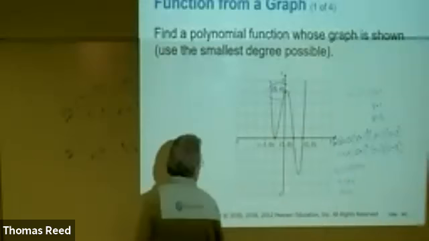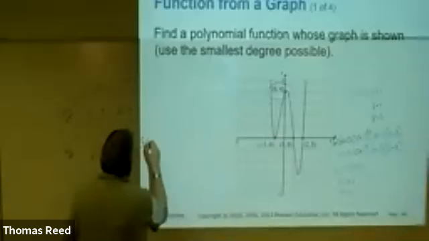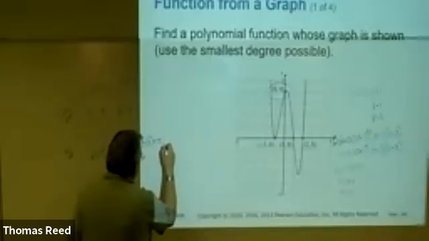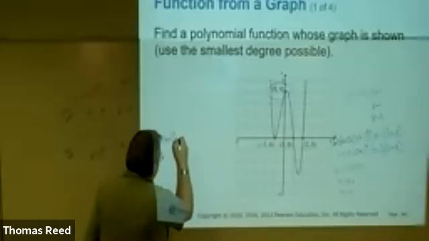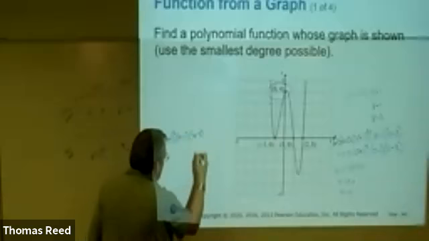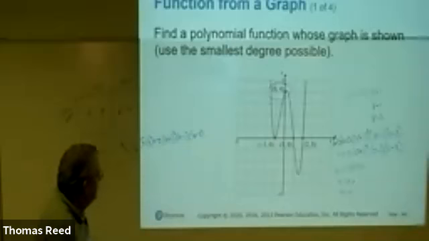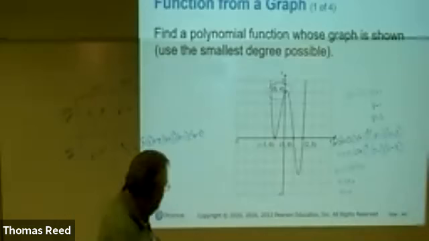So that means my function is f of x equals 2 times x plus 1 squared times x minus 1 times x minus 2. Now, I don't know if they multiply it all out.